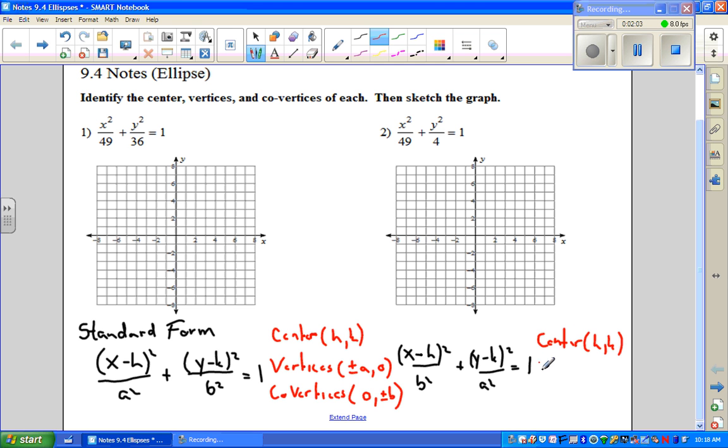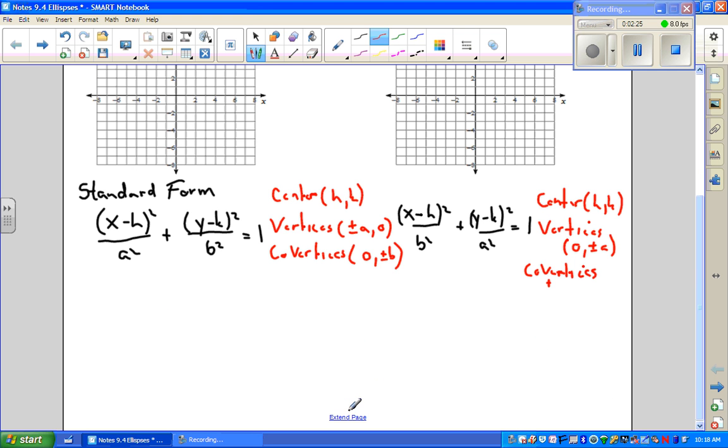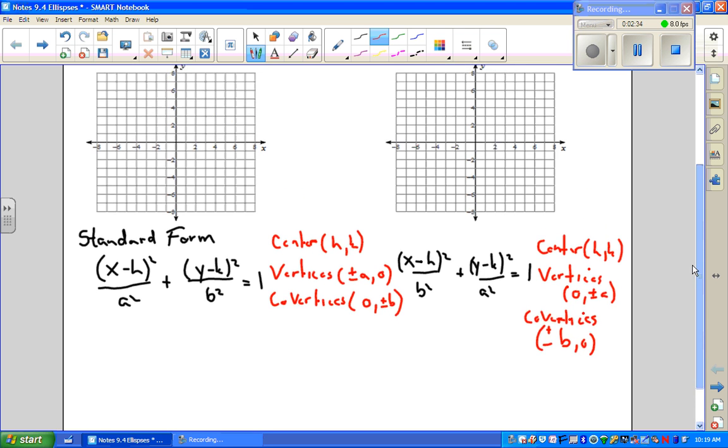This time, however, your vertices are going to be 0 comma plus or minus a, and your co-vertices are going to be plus or minus b comma 0.